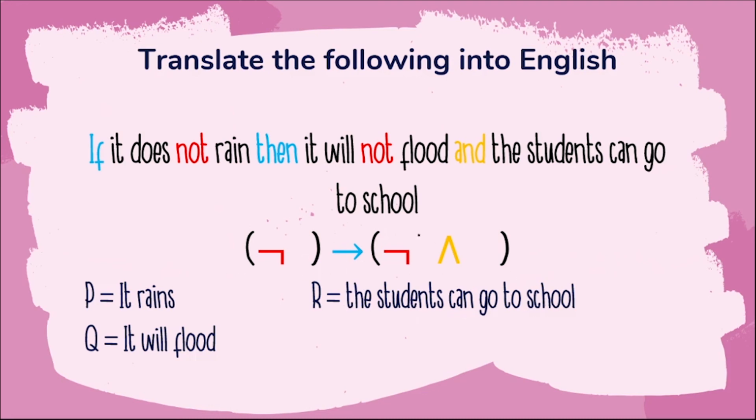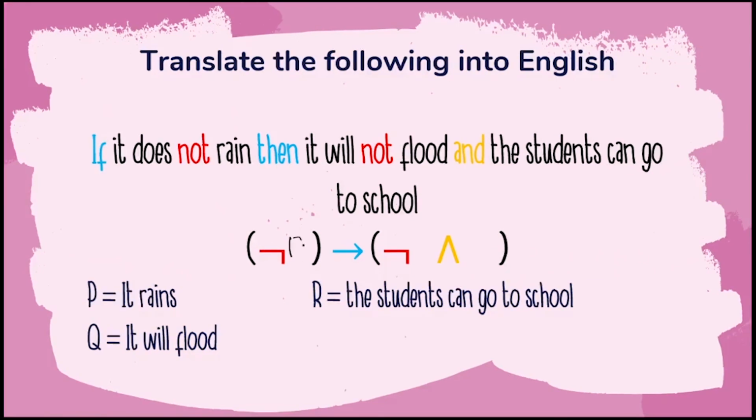Now, we can write the well-formed formula like this: negation P, arrow, negation Q and R. So, this represents if it does not rain, this arrow represents then, and this represents it will not flood and the students can go to school.